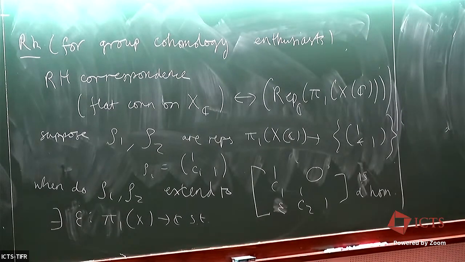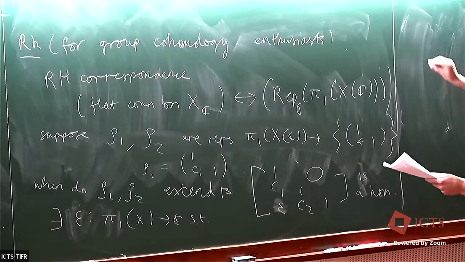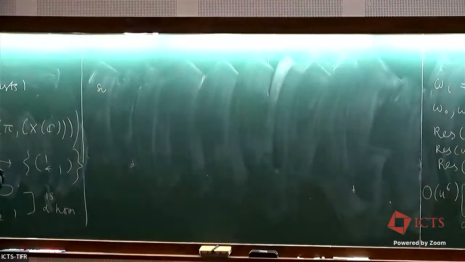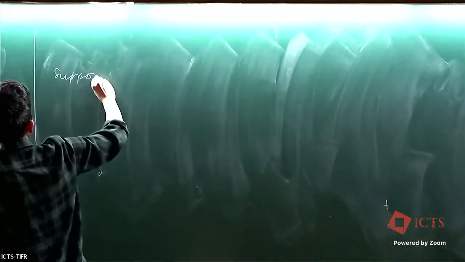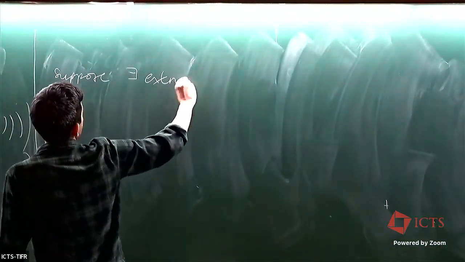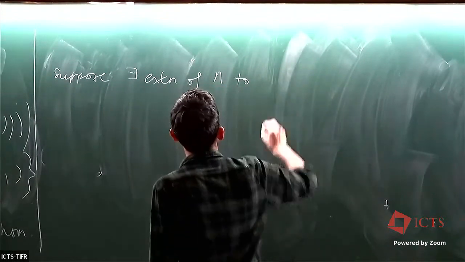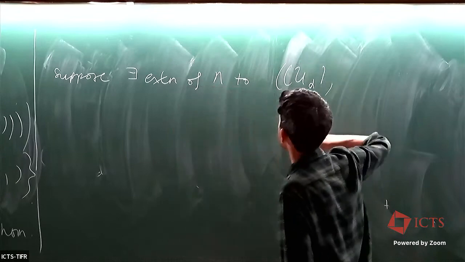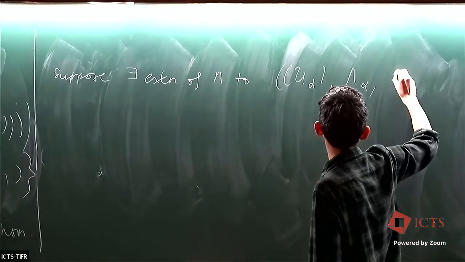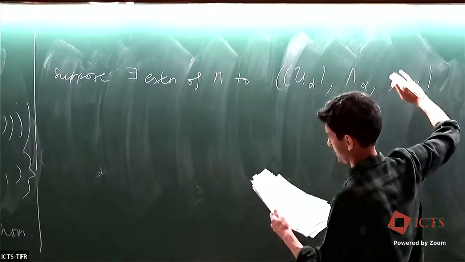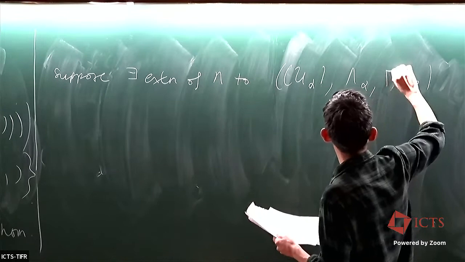So being able to extend, suppose there exists an extension of lambda. We'll now go back to the Durand question. Let's say it's U alpha, lambda alpha beta, maybe I'm going to call them F alpha beta.